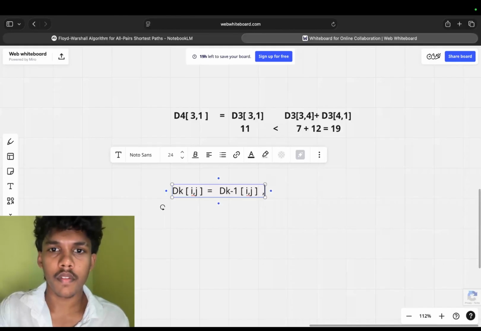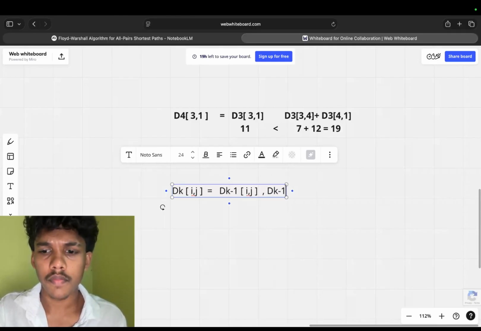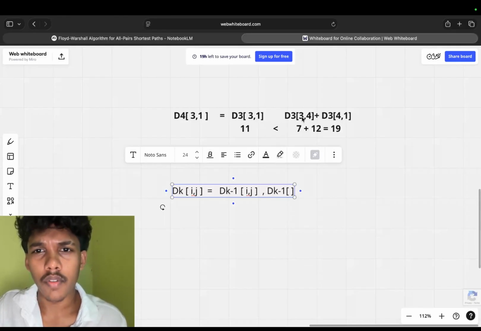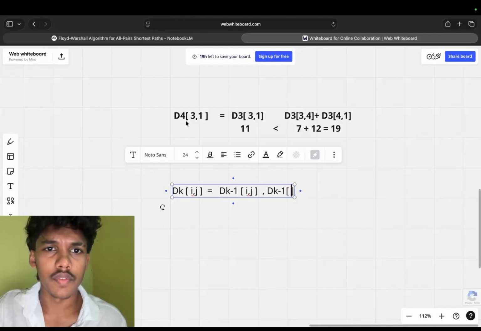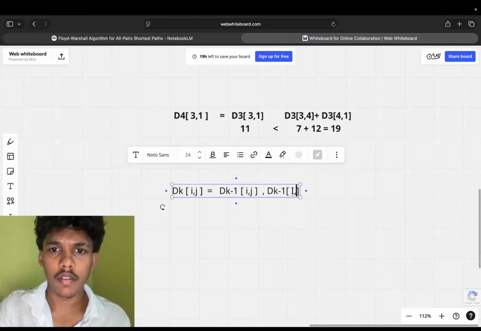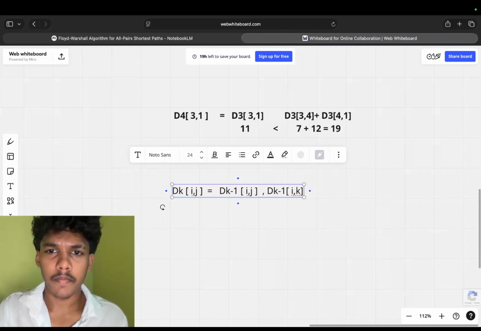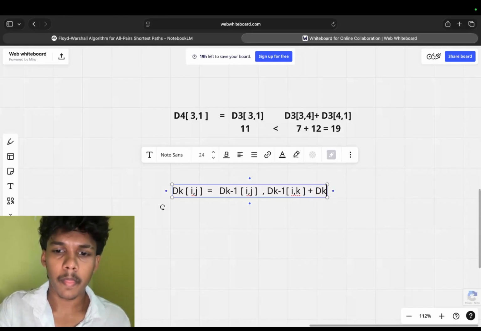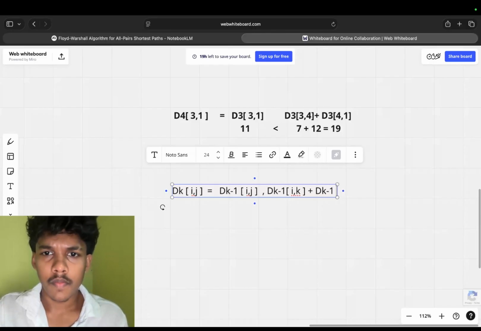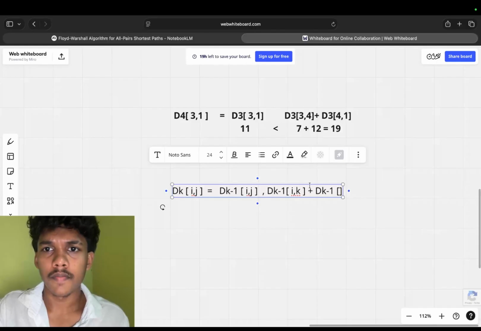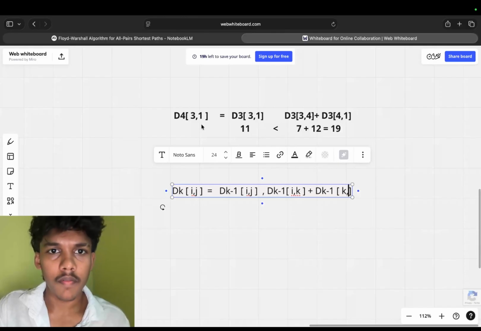Now this one is also D_(k-1). But here we have the i position, and we have 4 here, so for the 4 we used k, so we use i, k, plus D_(k-1), where 4 is k, 1 is j.